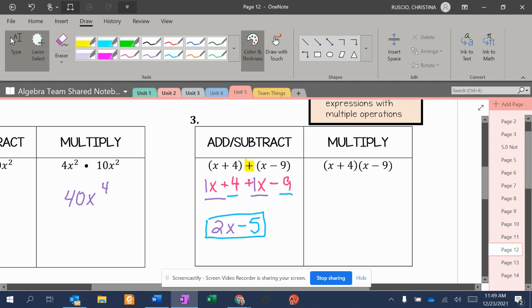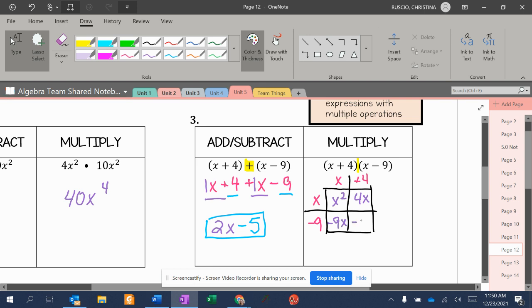Okay, when we multiply, notice how the parentheses are touching. There's no sign there. Your brain probably is thinking, this is the box method. And you are right. So this is x plus 4 all times x minus 9. So let's just multiply this through here. X times x is x squared. X times 4 is positive 4x. X times negative 9 is negative 9x.